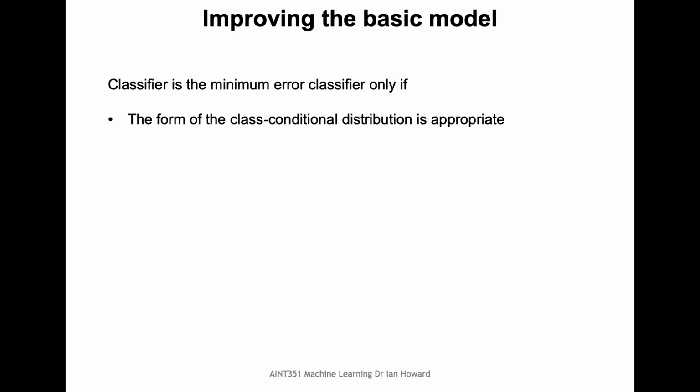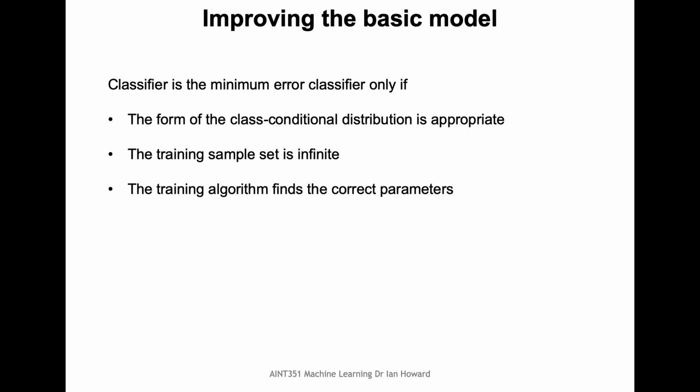It's basically only guaranteed to work if the probability distributions really are Gaussian, and if we can effectively estimate the parameters, even though we're using this Naïve Bayes approximation, which makes it easier.